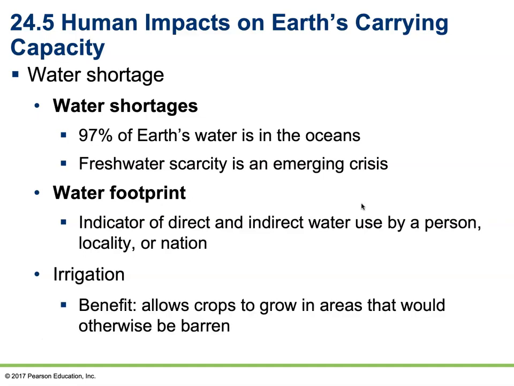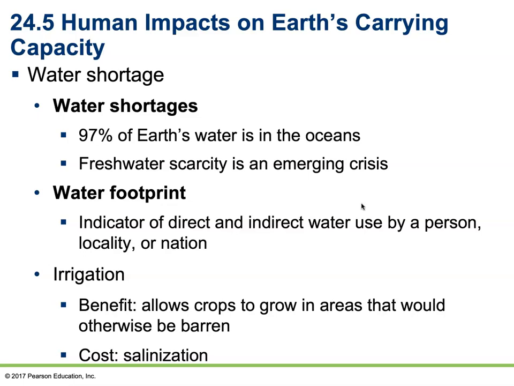Irrigation is amazing. It allows crops to grow in areas that otherwise would have been barren. However, the cost is salinization, meaning that irrigation water contains dissolved minerals that stay in the soil. When the water evaporates from the soil, salt accumulates. So worldwide, salinization destroys the fertility of irrigated land each year. As we wash more water in, we're washing more minerals in, the water evaporates from the leaves of the plants, but that salt, those minerals stay in place.